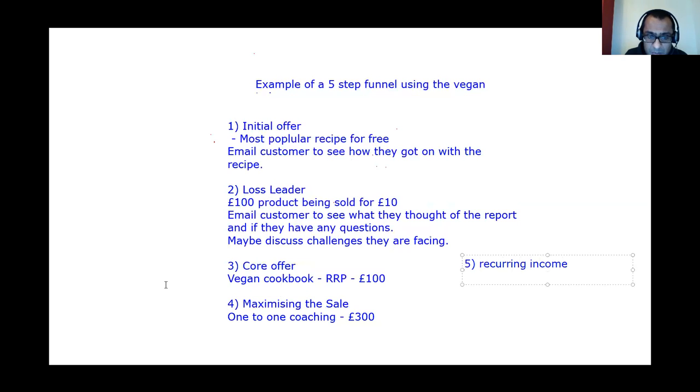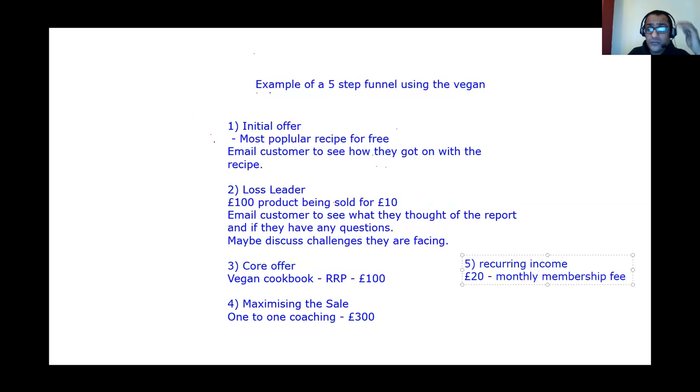They will get new recipes, the first to know about any new cookbooks you've put out, any one-to-one coaching sessions, any group coaching sessions you're putting together, discounted rates on all of these for, say, £20 a month. Because now you've got that recurring income monthly membership fee.